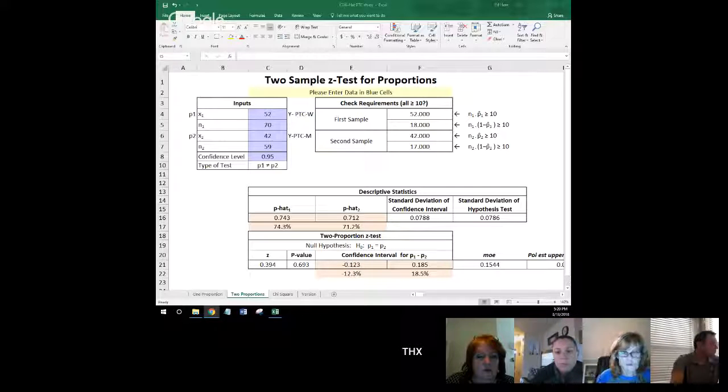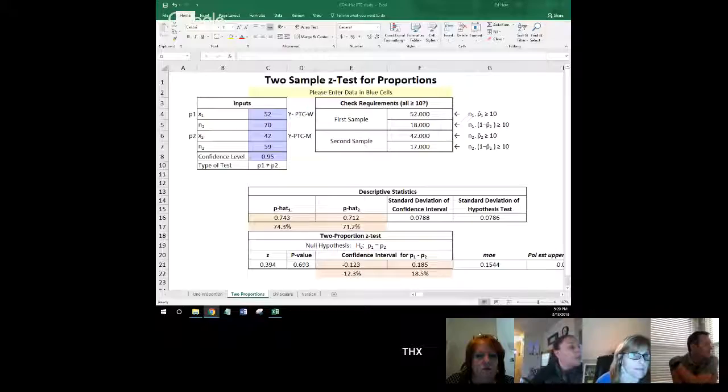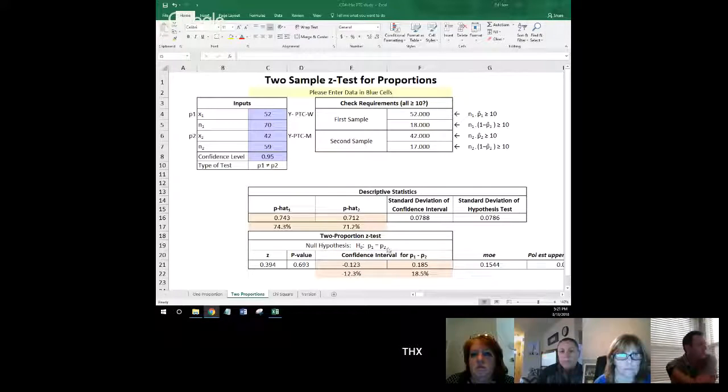And I also noticed that I got the same answer as if I just subtracted. Don't you just subtract the two? Well, on P hat, if you look at my screen. Yeah, don't you just subtract to get the 0.743 minus the 0.712? And that's what I figured out later. I realized that they're basically the exact same thing.